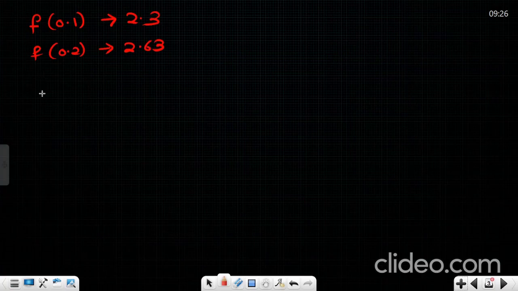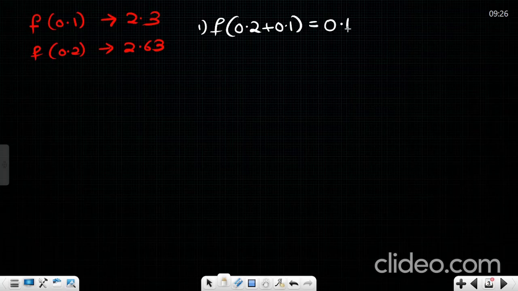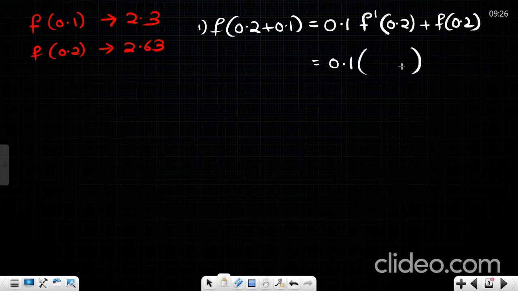Now f of 0.3, if at all we want f of 0.3, what we will do? f of 0.2 plus 0.1, that is equal to h into f dash of 0.2 plus f of 0.2. This is what Euler's formula is. f dash of 0.2 is nothing but y plus 2. At 0.2, what is the y value? 2.63 plus 2 plus f of 0.2, we got it as 2.63.